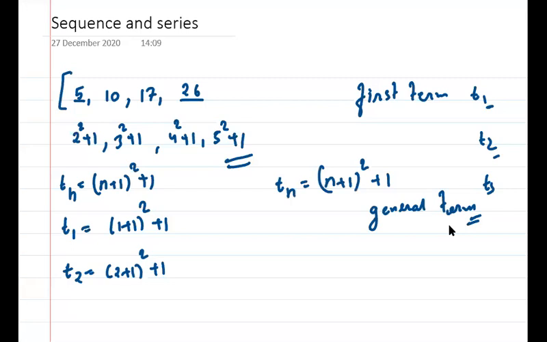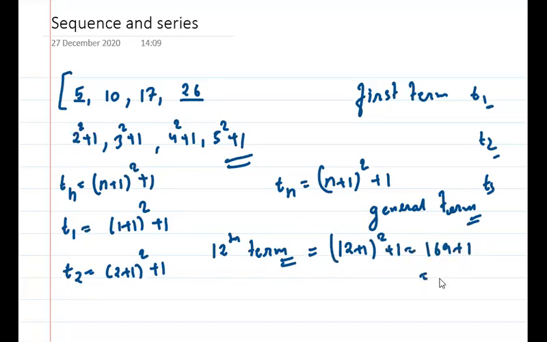Now, suppose I ask you, what is the 12th term? Will you actually calculate all the terms till 12, or can you just calculate the 12th term directly? So for the 12th term, you just calculate 12 plus 1 whole square plus 1, which is equal to 169 plus 1, which is equal to 170.